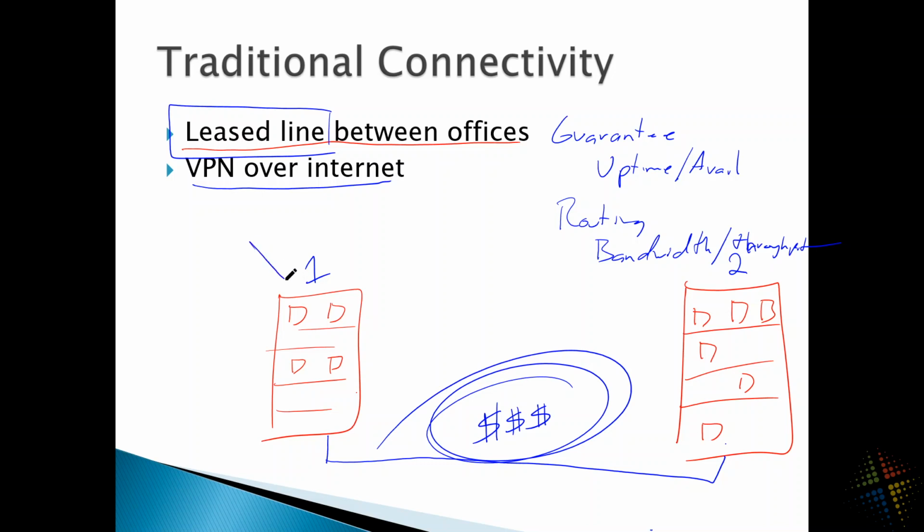If this building over here has a similarly inexpensive connection, then I could use a VPN, or virtual private network, to be able to securely connect my home over the internet to that building. So inexpensive, so that's only a $1 sign for the internet connection.